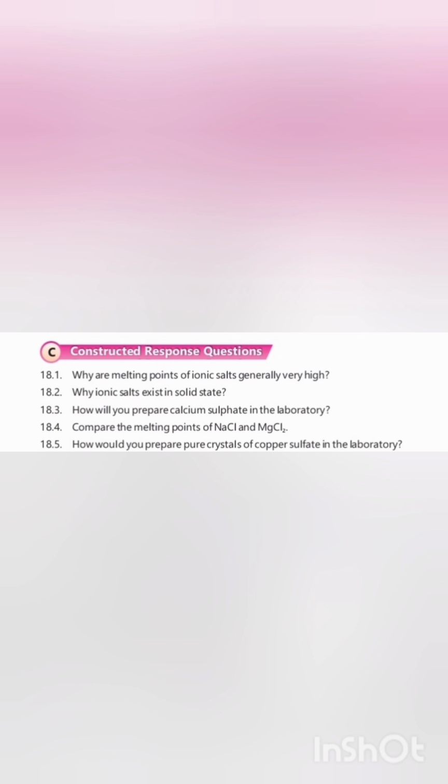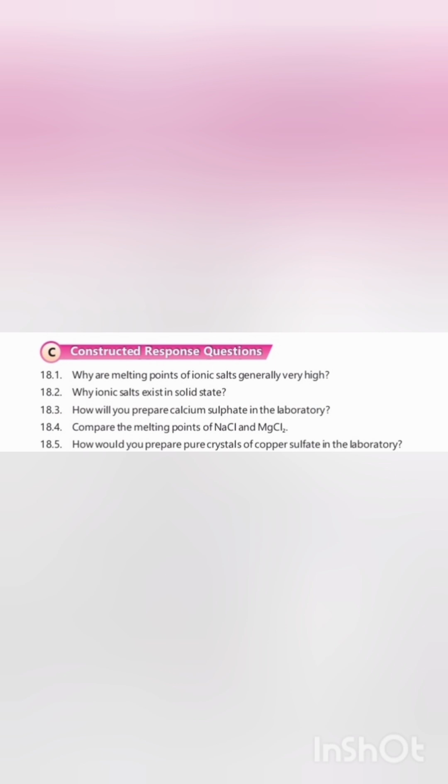These ions are bound together by exceptionally strong electrostatic forces of attraction within a crystal lattice. To melt an ionic compound, you must supply a tremendous amount of thermal energy to overcome and break down this powerful structure so that the ions can move freely. Because of this massive energy requirement, their melting points are generally very high.